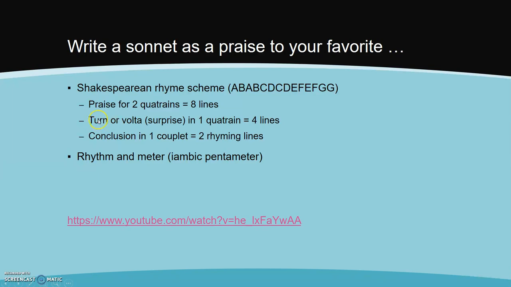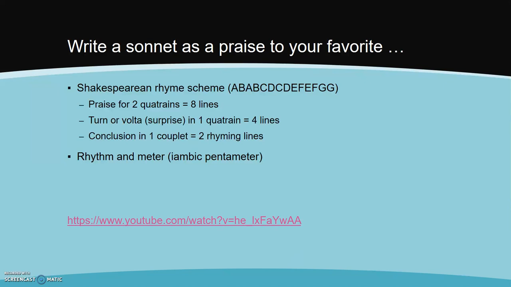The next 4 lines is called the turn or volta, and it often contains some kind of surprise to the reader. For instance, let's say you're writing a sonnet for your computer. The first 8 lines, you praise your computer about what it looks like, how it functions, the design of the computer, and so on.